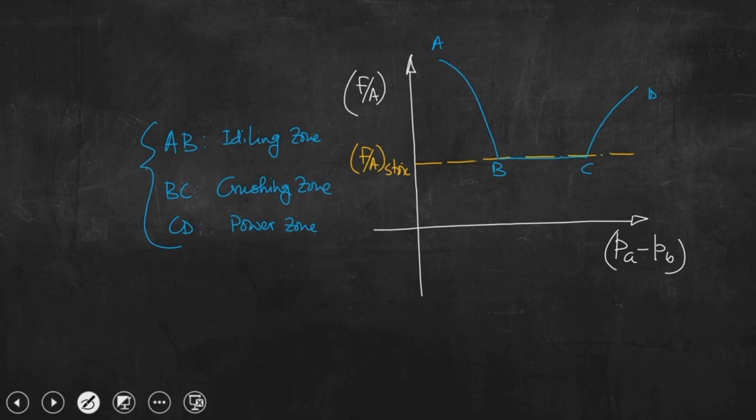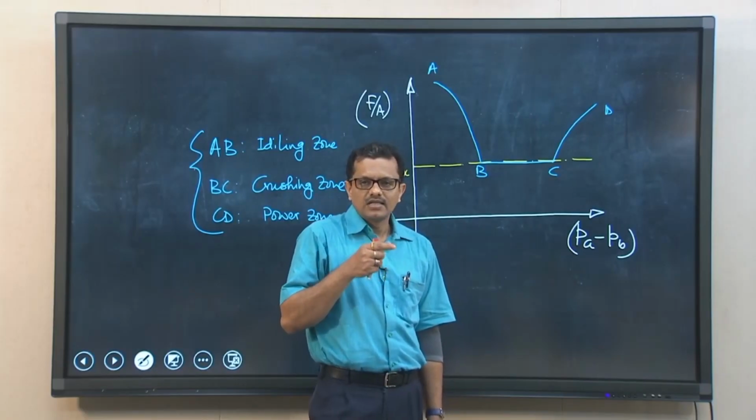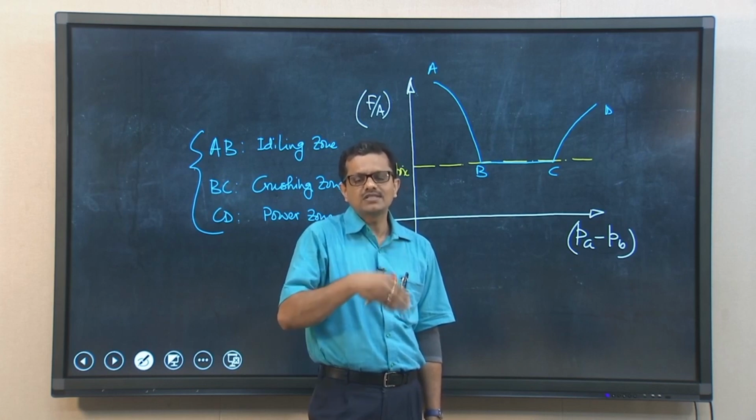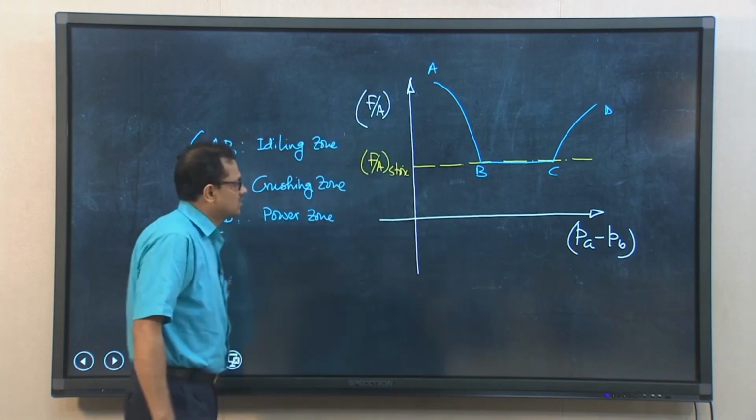So, these three distinct regimes we could identify, and the required fuel air ratio for these three different regimes we can see from this plot.